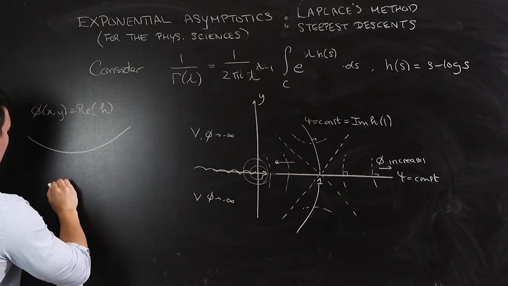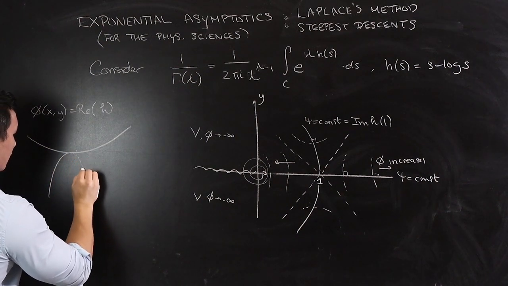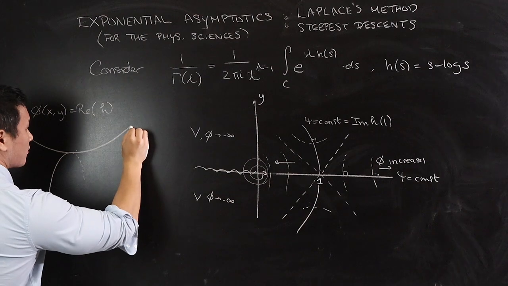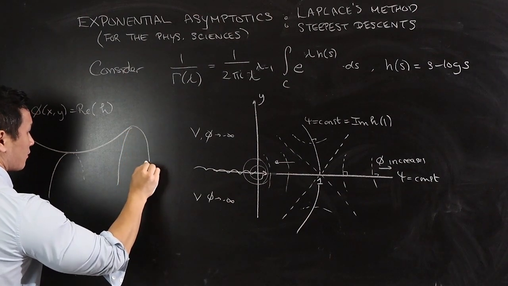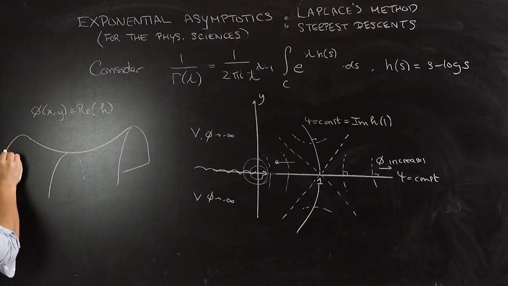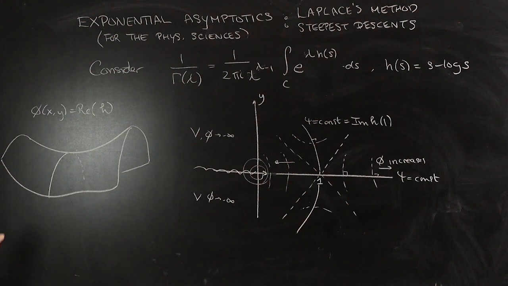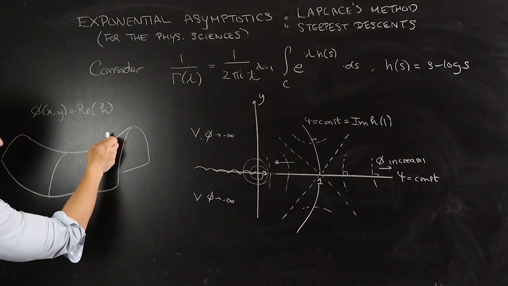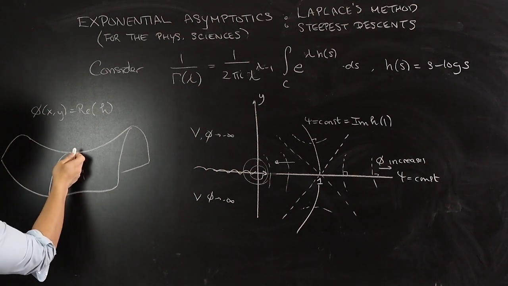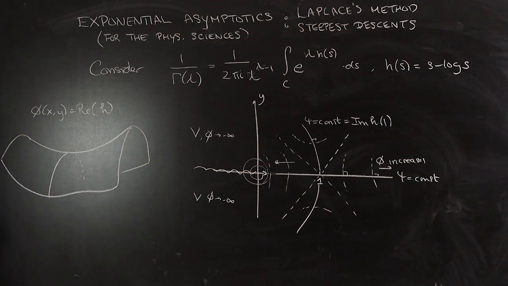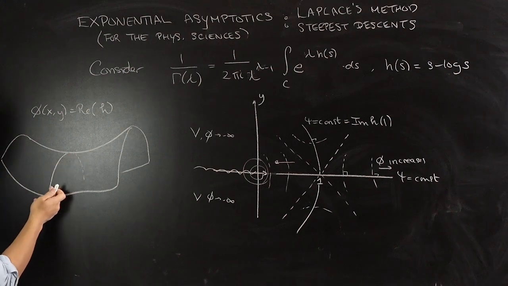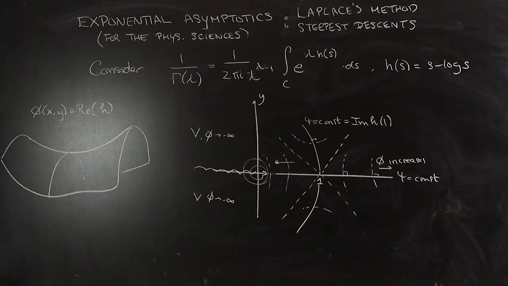So it has to look like that. And that's your classic saddle point. Okay, so the surface for phi looks essentially like this. It's got the direction of steepest descent going down and then steepest ascent going up. But going in this direction is steepest ascent and then descent going down.